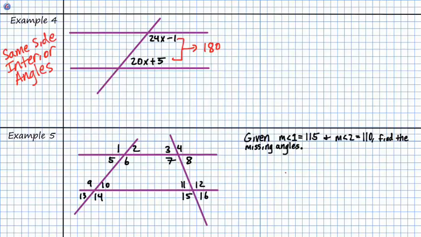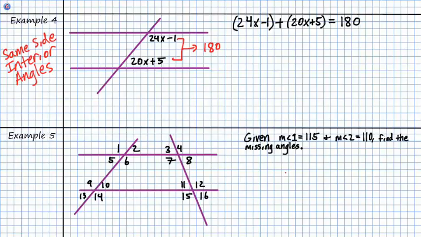Well, I can write 24x minus 1, plus, because I'm adding it together with 20x plus 5, and that's going to be equal to, well, they're supplementary, so equal to 180.